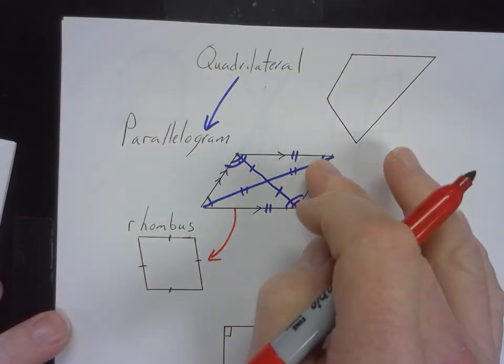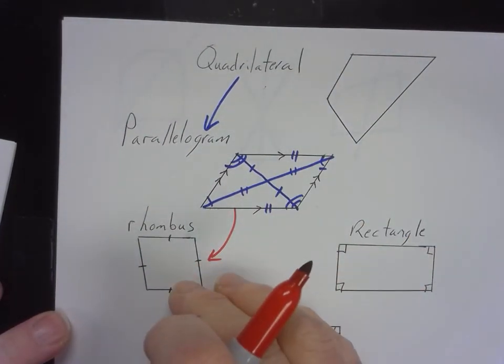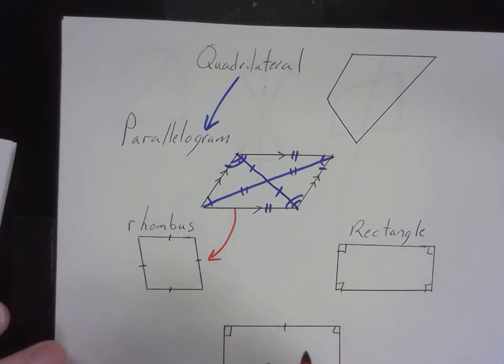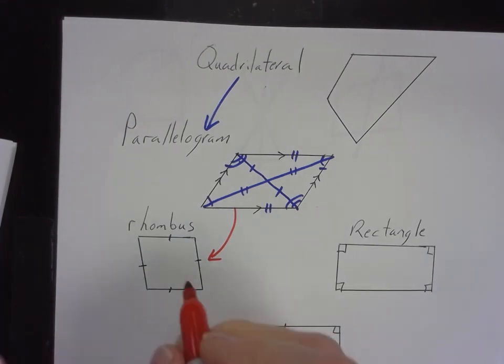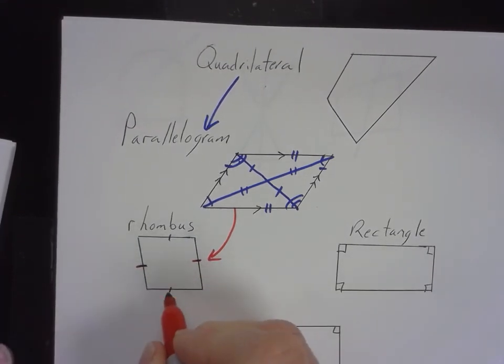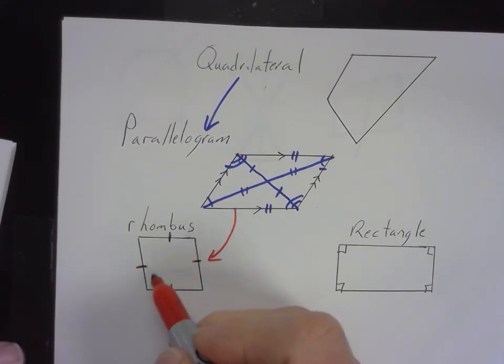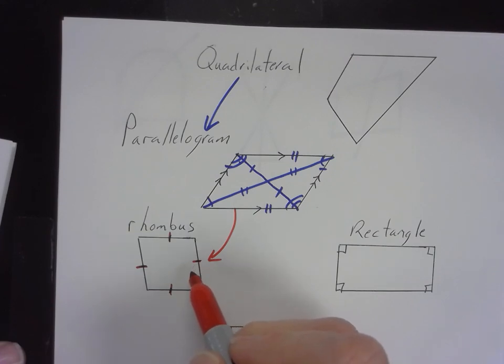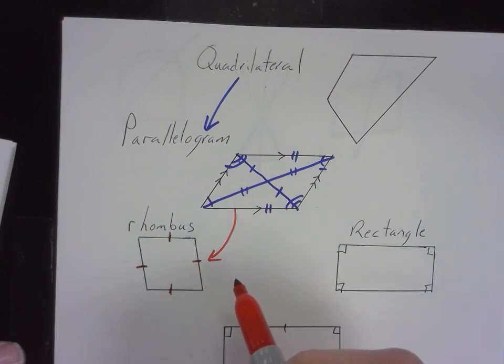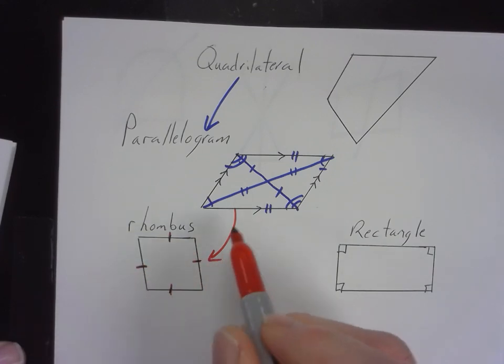Everything you know about a parallelogram, yes. But not only are the opposite sides congruent, in a rhombus all 4 sides are congruent. So that's what makes it special. And in a rhombus, your opposite angles are going to be congruent. The diagonals are going to bisect each other, all that kind of stuff.